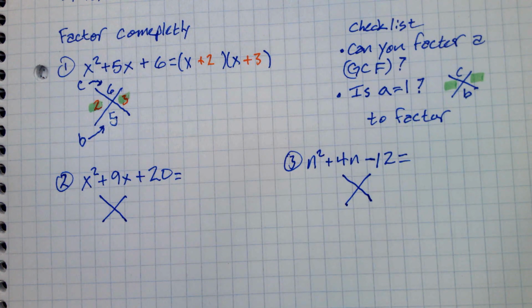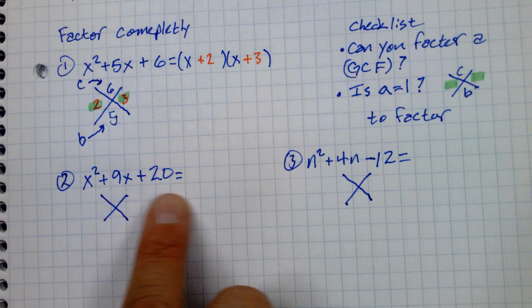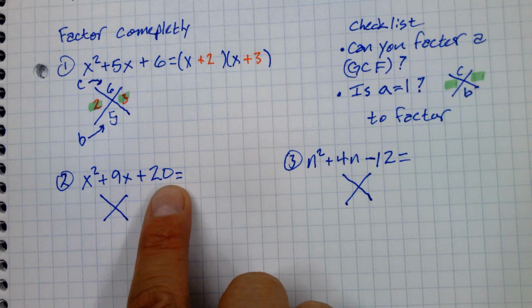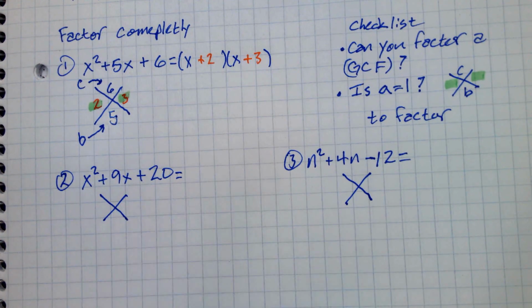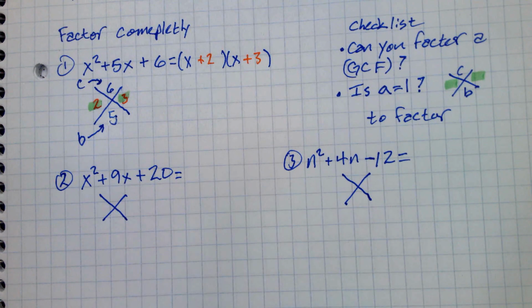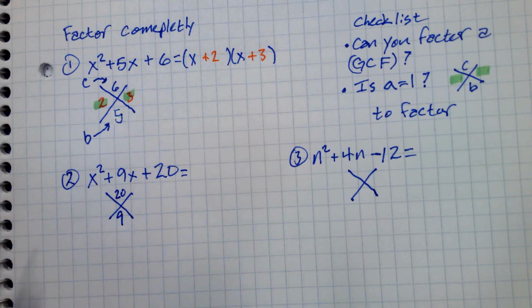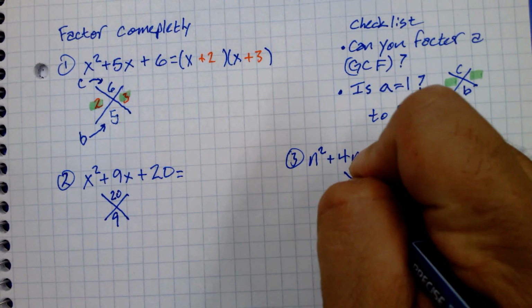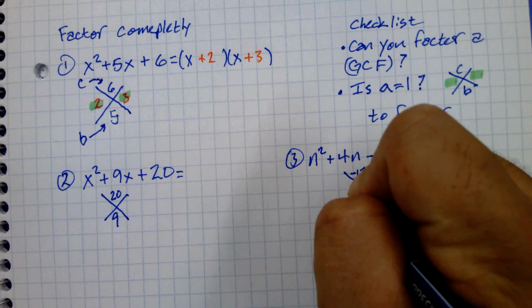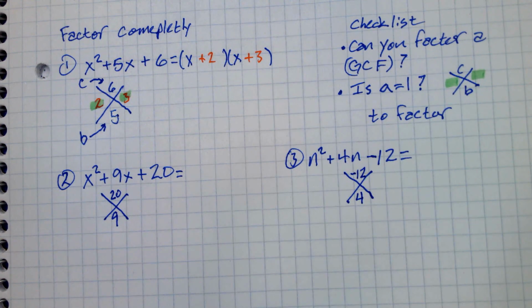Okay. So each time we're going to check and see if we can factor out something. Is there a GCF I can take out of x squared, 9x, and 20? No. So that part's gone. What numbers would we fill in on the top and bottom here? 20 is on top and 9 goes there. Same thing here. We would put -12 and +4.